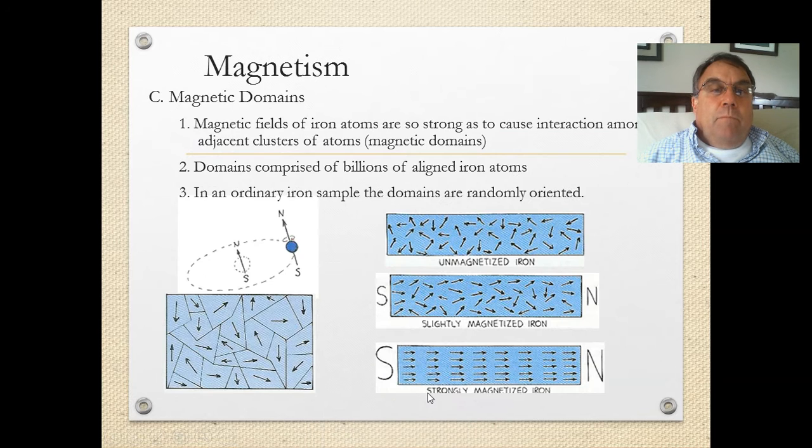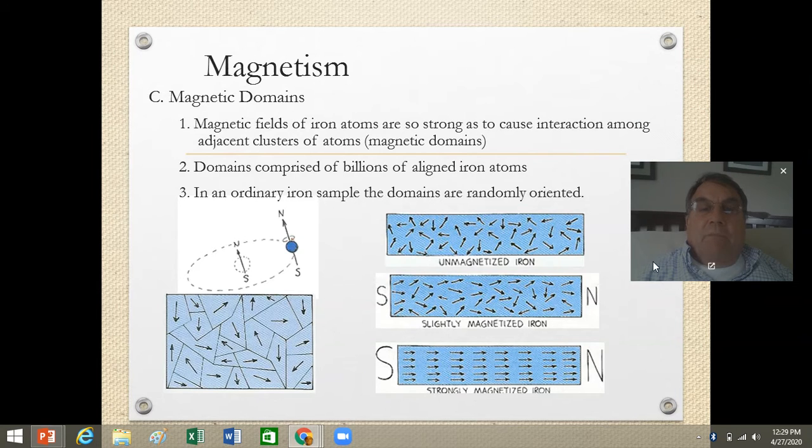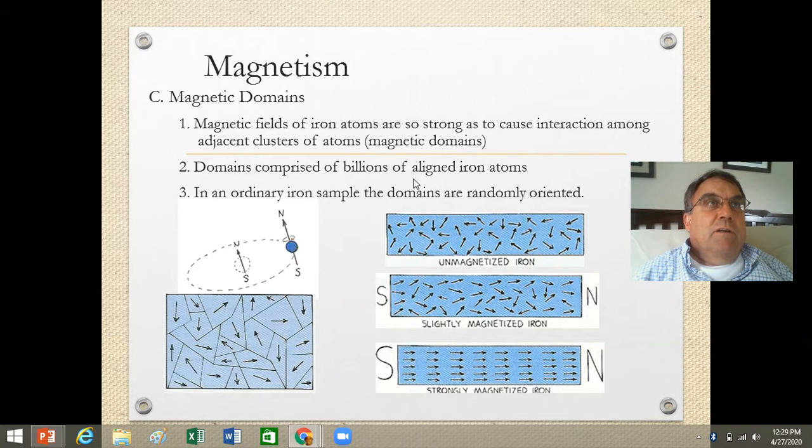Now, that's not going to be a strong enough influence to really do anything, especially if those atoms are aligned randomly. But because of that strong interaction, they line up together in clusters called magnetic domains, which are comprised of billions of iron atoms.